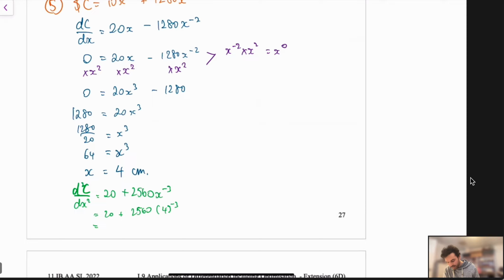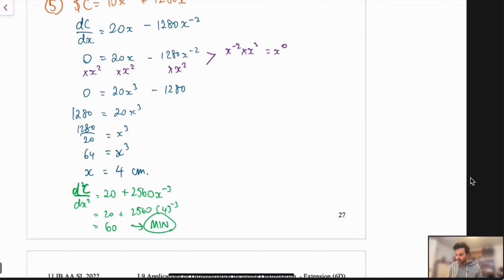And we can see here that, let's just double check this. We get an answer of 60. Now, if the double dy is positive, we can say that this point is a minimum. So we've just confirmed it using the double dy test.